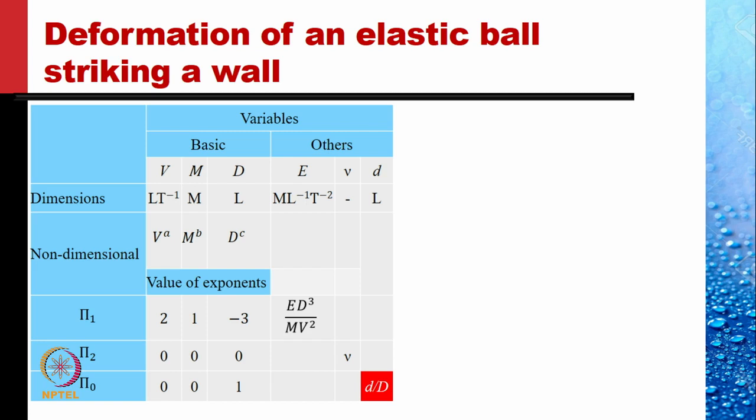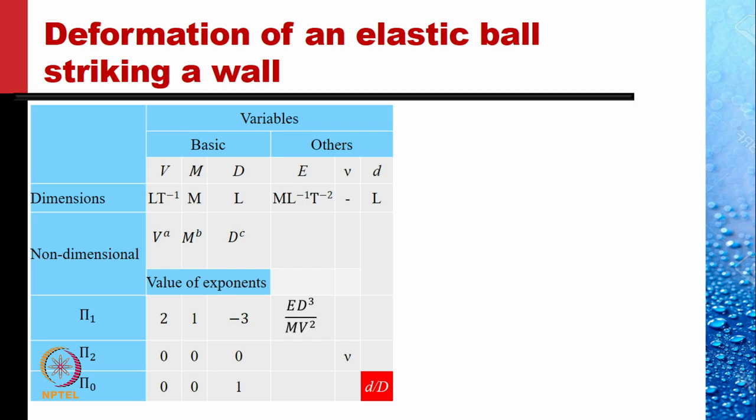Pi 2, the second pi group, refers to nu, which is dimensionless. So this itself is a non-dimensional pi number, nu. No calculation, no analysis needed. And the dependent parameter, non-dimensionalized, is denoted by pi 0. And clearly, it would have a dimension of V0, M0, and capital D raised to power 1.